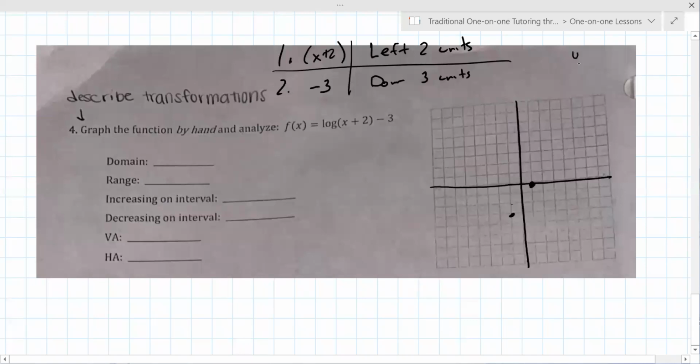So the base function y equals log of x, that's the point there that we get. It also has a vertical asymptote at 0, which I know is not that easy to see the way I've drawn this, but there's a vertical asymptote at 0. So that moves left 2 units as well. So this new one has a vertical asymptote at -2.